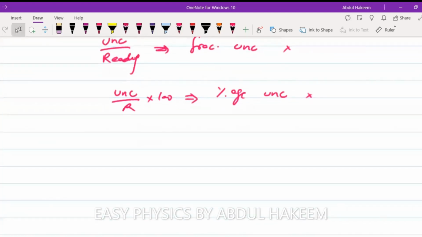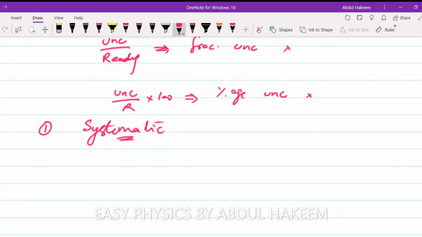Now there are the errors. Number one is called the systematic error, which is due to a faulty instrument, a wrong assumption, or a limitation of the observer. Faulty instrument means the zero error. Wrong assumption means you are using the g value 10 instead of 9.81, and the limitation of the observer is reaction time. So this is systematic error. Now the property is that it does not fluctuate on both sides of the true value.